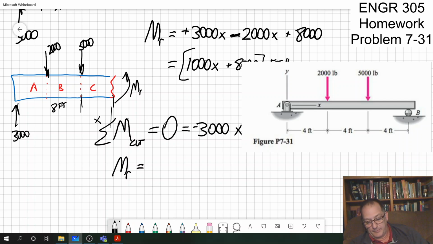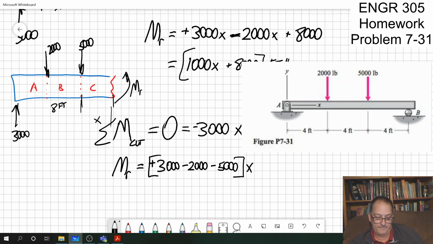MR. And now I'm going to collect all this stuff. So it's a minus 3, and I'll write out the zeros. I was going to skip the zeros. Minus 2,000 minus 5,000 all times x, right?